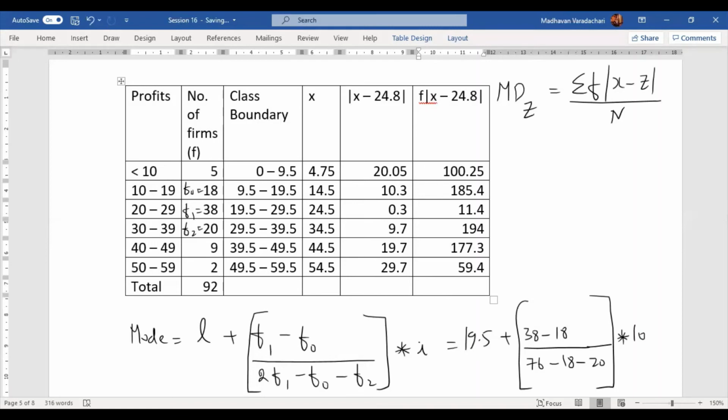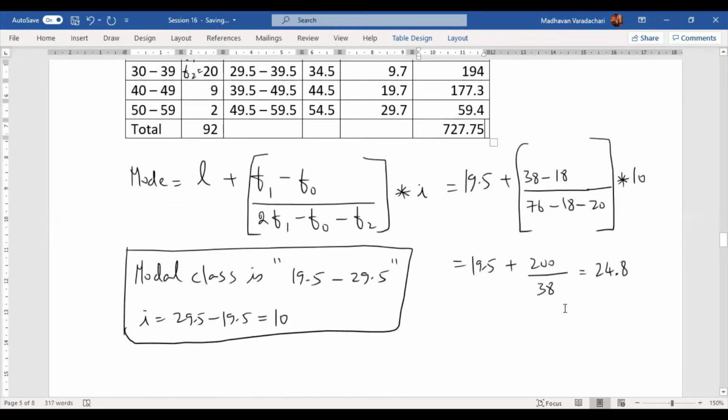59.4 plus 177.3 plus 194 plus 11.4 plus 185.4 plus 100.25. We get 727.75.